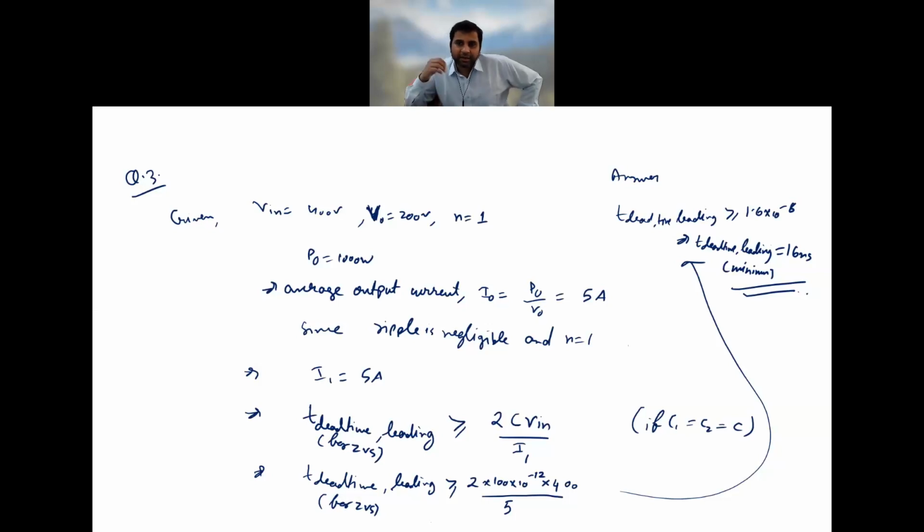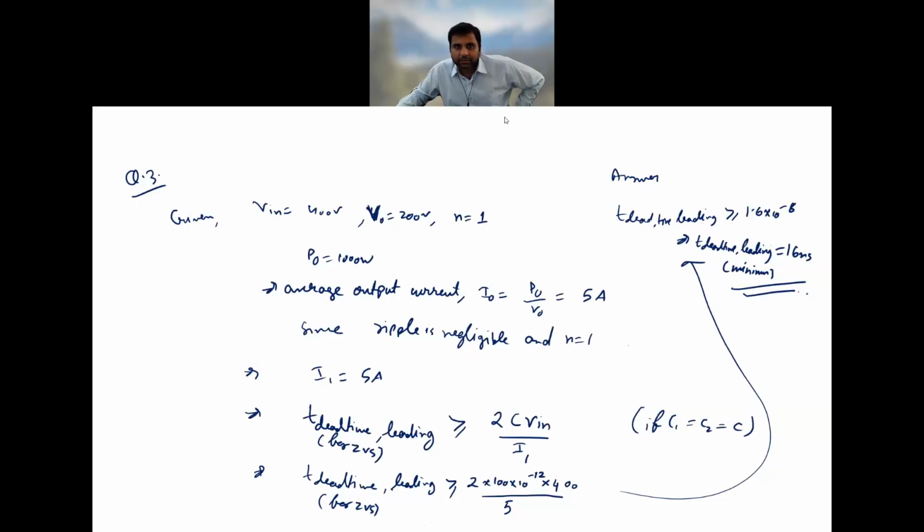But here we wanted the zero voltage turn on, so the voltage should drop down completely from V in to zero on one of the capacitors, and on the other capacitor it goes from 0 to V in, and that's why we got this particular relationship.